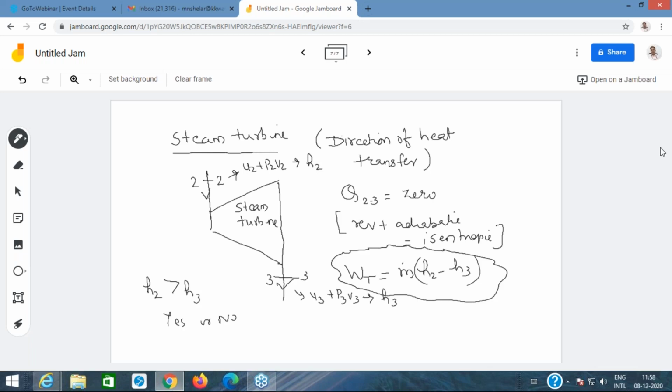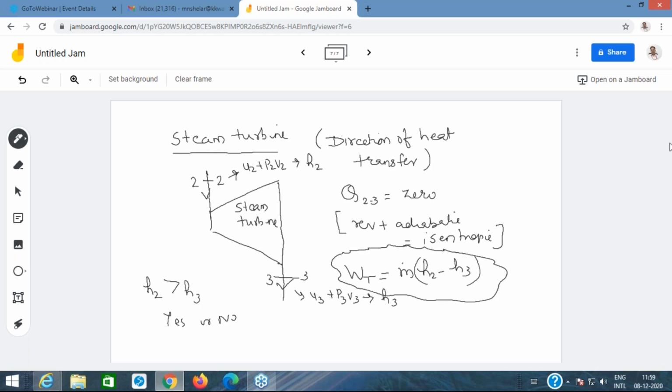So in the turbine, you are not converting heat to work, mind well. Heat transfer is zero. You are getting the work because of the enthalpy at 2. The energy content of the working fluid itself is responsible for getting you the turbine work. Okay, I hope it's clear.